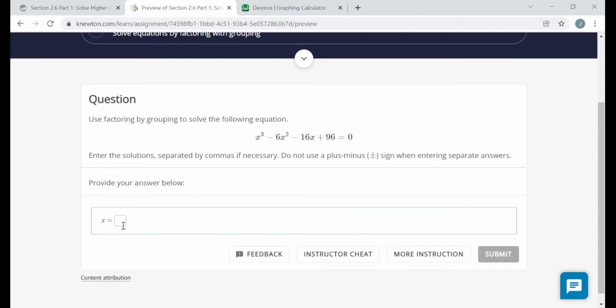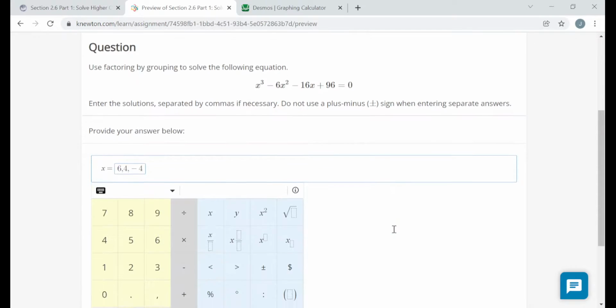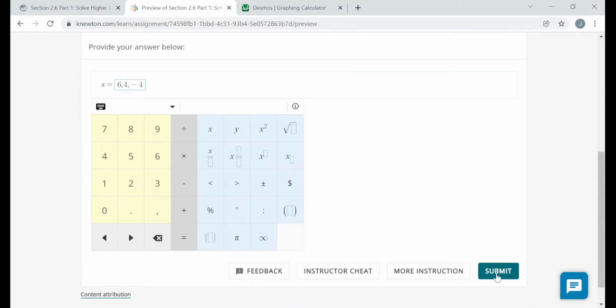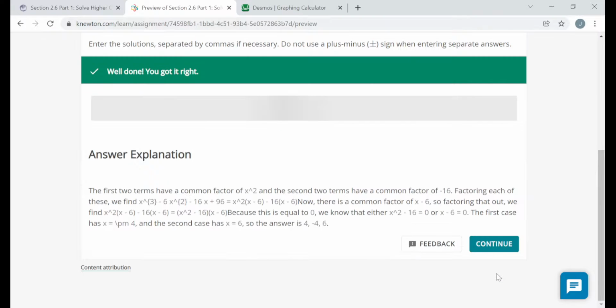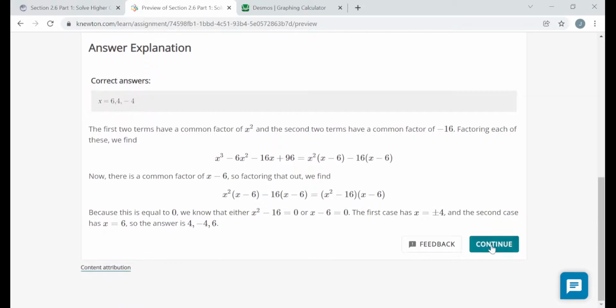But we're just entering them separately. So 6, comma, 4, comma, negative 4. Great. And again, please read through the answer explanations.